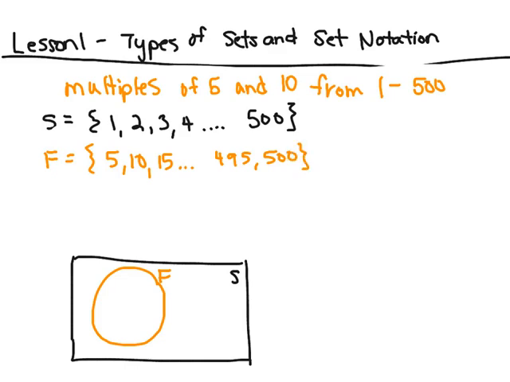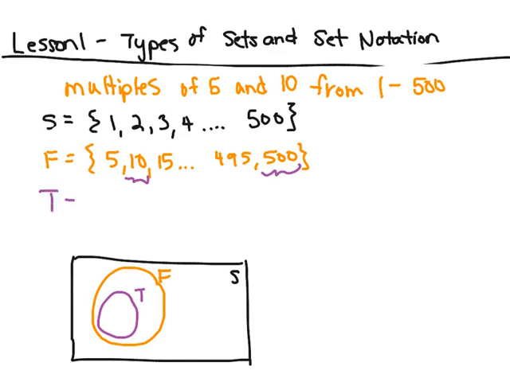So those are all of the 5s between 1 and 500. And inside of F, we also have the 10s. Now because 10s are both a set of 5 and 10, it's a subset of F.